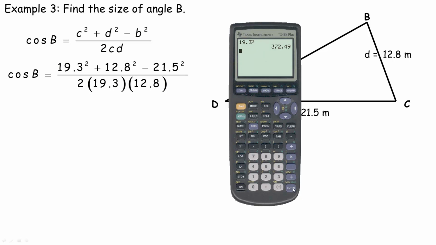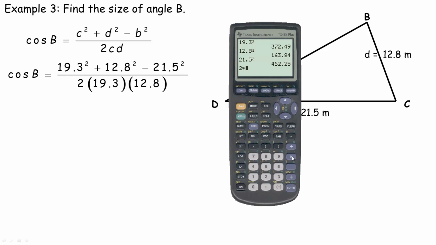So that's going to be here, the 372.49. 12.8 squared. So that's going to be 163.84. Now, if you're really good with your calculator, I'm going to show this afterwards, I think. So that's going to be minus 462.25.